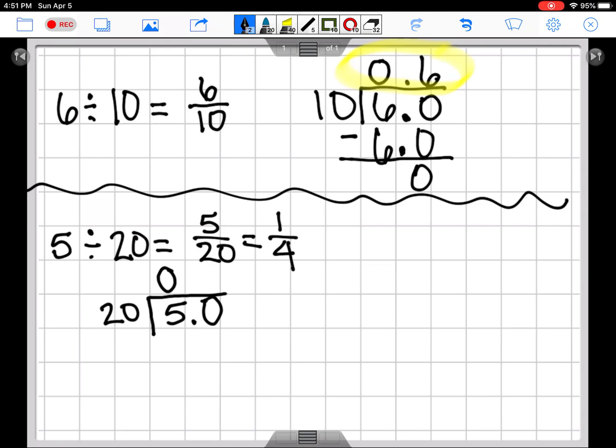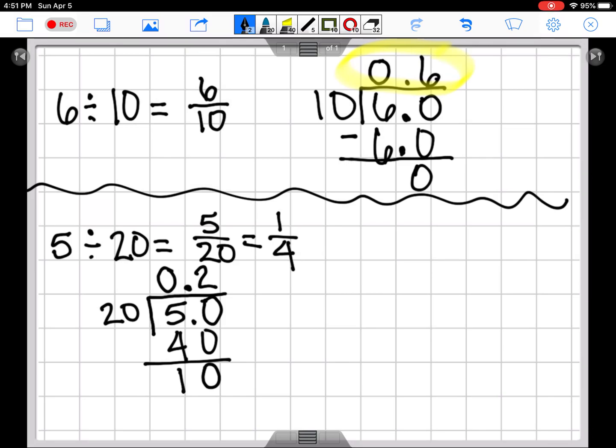I know 60 would be too much, so let's stop at 2. 2 times 20 would be 40, and I am going to have 10 left over, but it's going to look a little bit more like this.